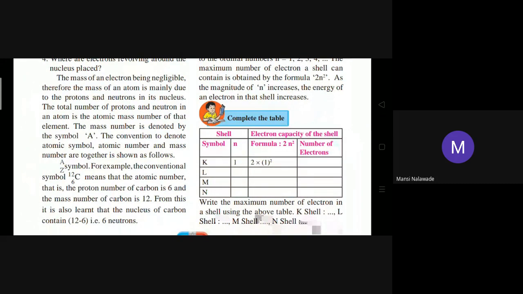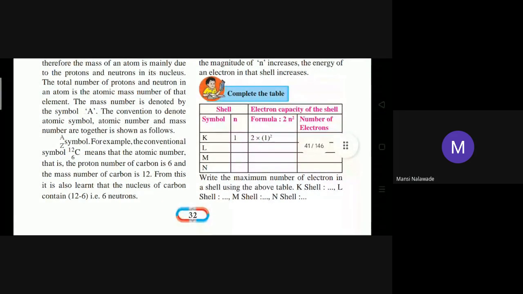See, it means that the atomic number, that is the proton number of carbon, is 6 and the mass number of carbon is 12. From this, it is also learned that the nucleus of carbon contains 12 minus 6, that is 6 neutrons. Okay. See, the carbon symbol C, with A and Z, like this.